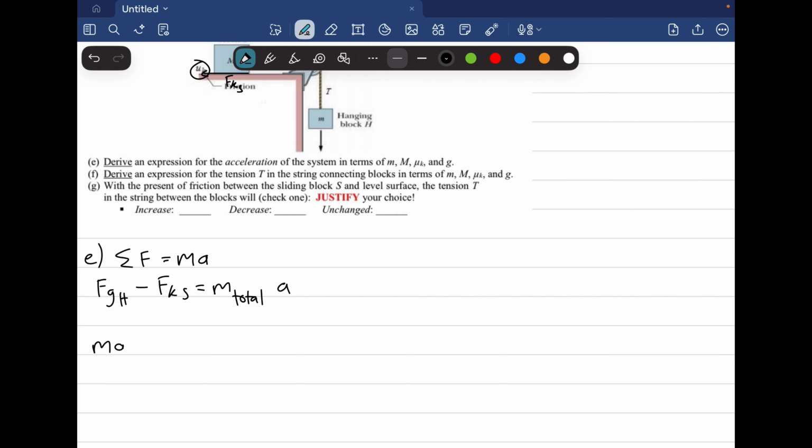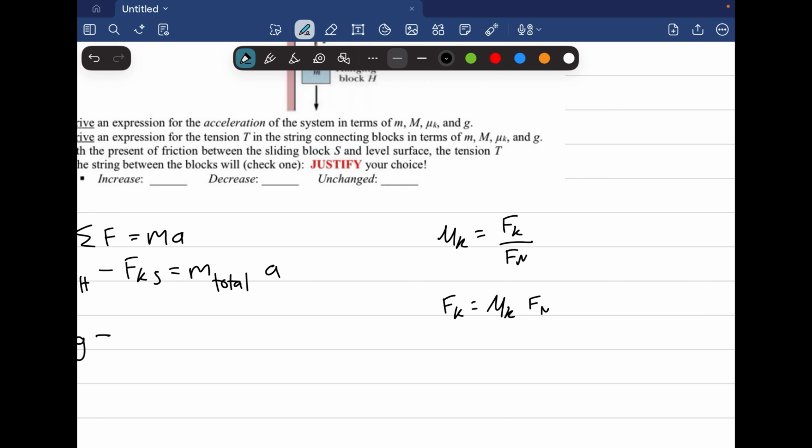So this is Fg minus Fk. Mu k is equal to Fk over Fn. So Fk is equal to mu k Fn, right? Just multiply this over.